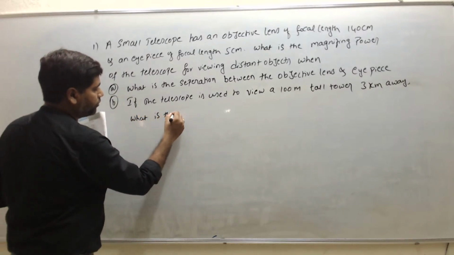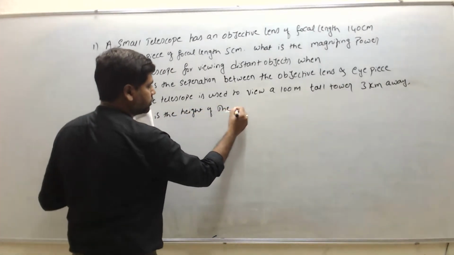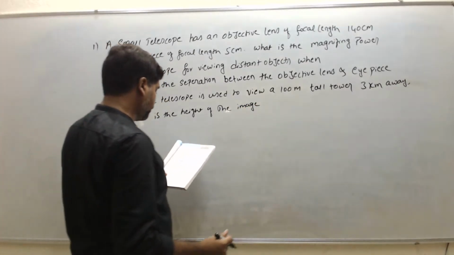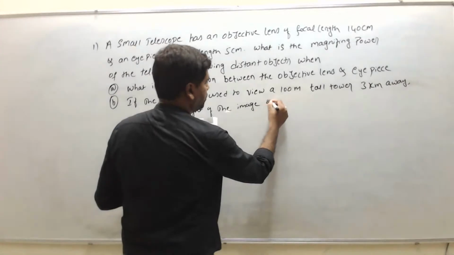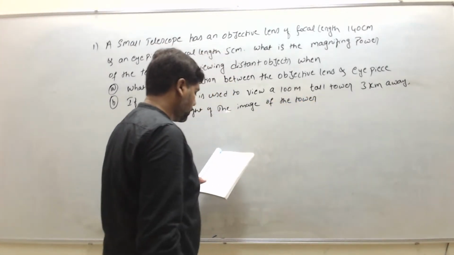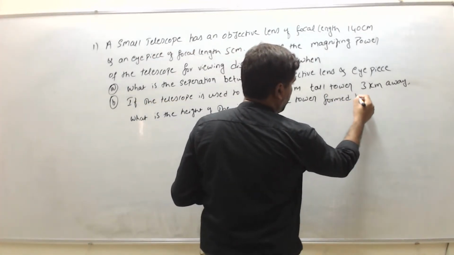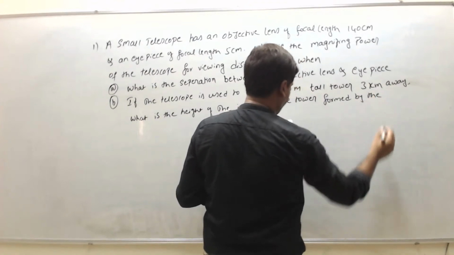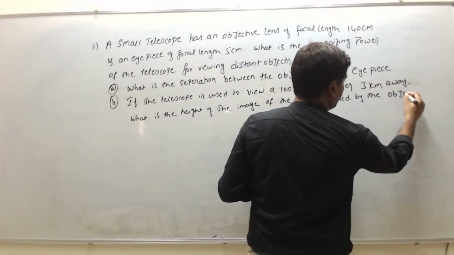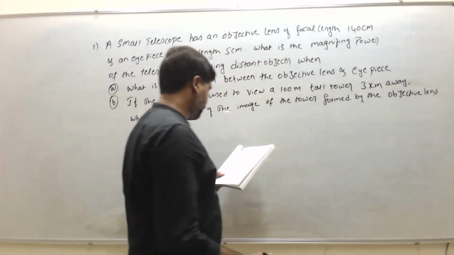What is the height of the image of the tower formed by the objective lens?